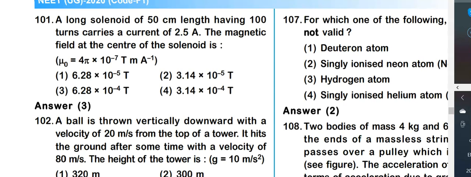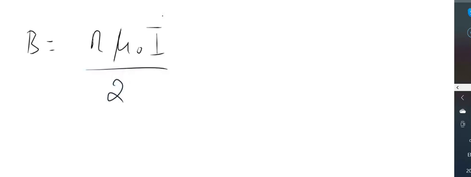So now you know what is being asked. The magnetic field B at the center is given as N times mu 0 I by 2 pi A.